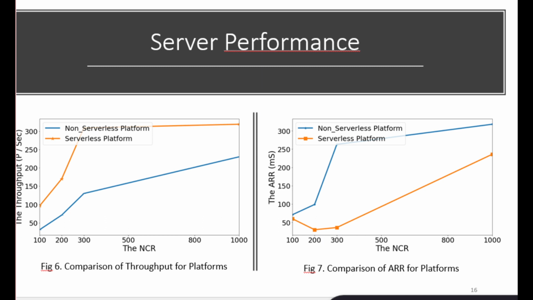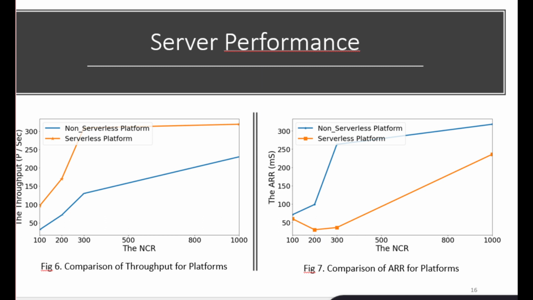In Figure 6, we deployed our machine learning model to Google Cloud Platform Cloud Functions as a serverless platform and deployed it to Heroku as a non-serverless platform. We created post requests using gmeter in order to send the number of concurrent requests to the platforms.